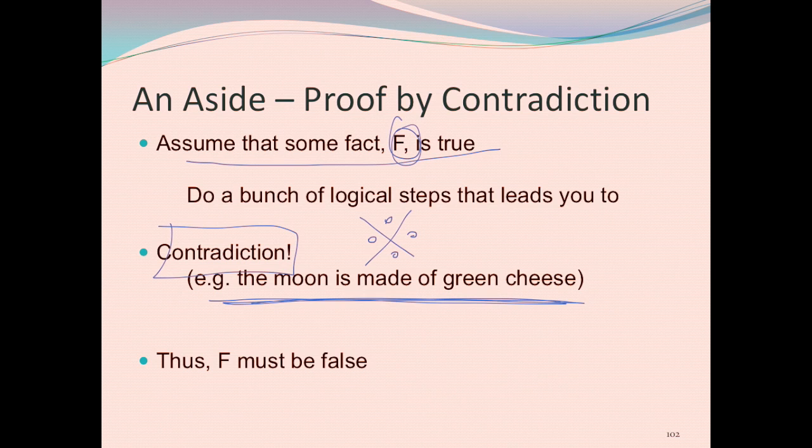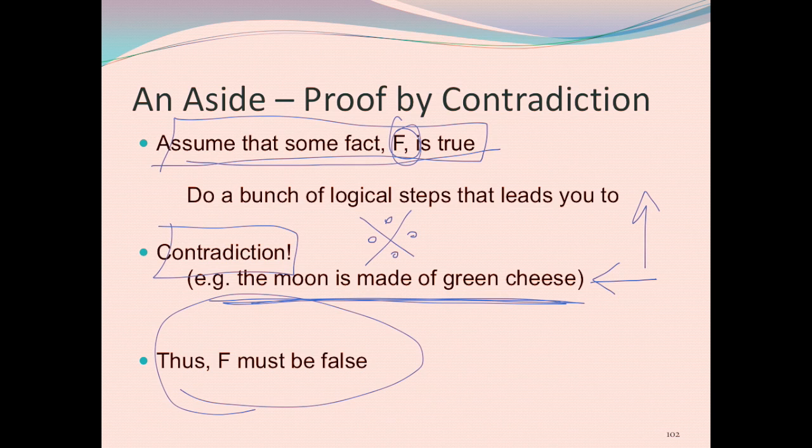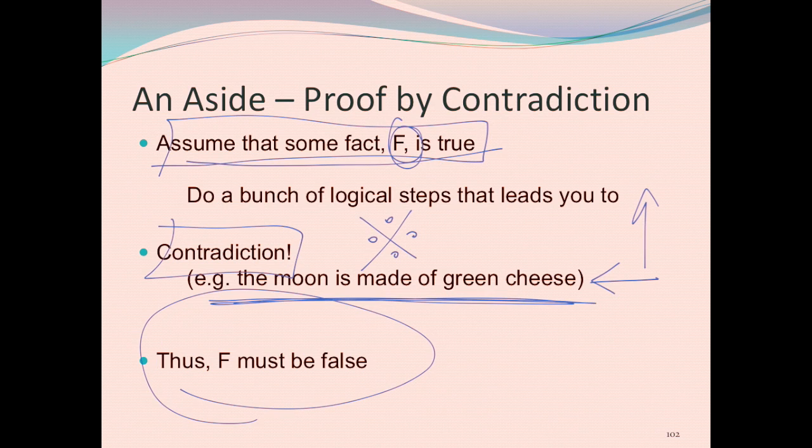But the moon is not made of green cheese. But it has to be. But it's not. But it has to be. Well, the only way we could decide that the moon is made of green cheese is if something we did earlier in our proof is wrong. And the thing we did earlier that was wrong was our assumption, so therefore F must be false. That's the outline of a proof by contradiction. Please, if you don't remember more about them, go back and look at the first set of slides.